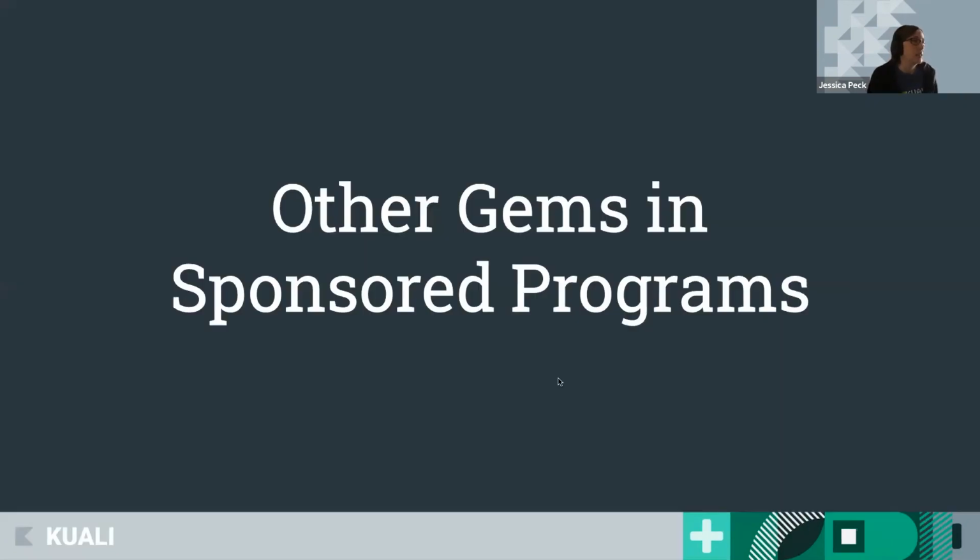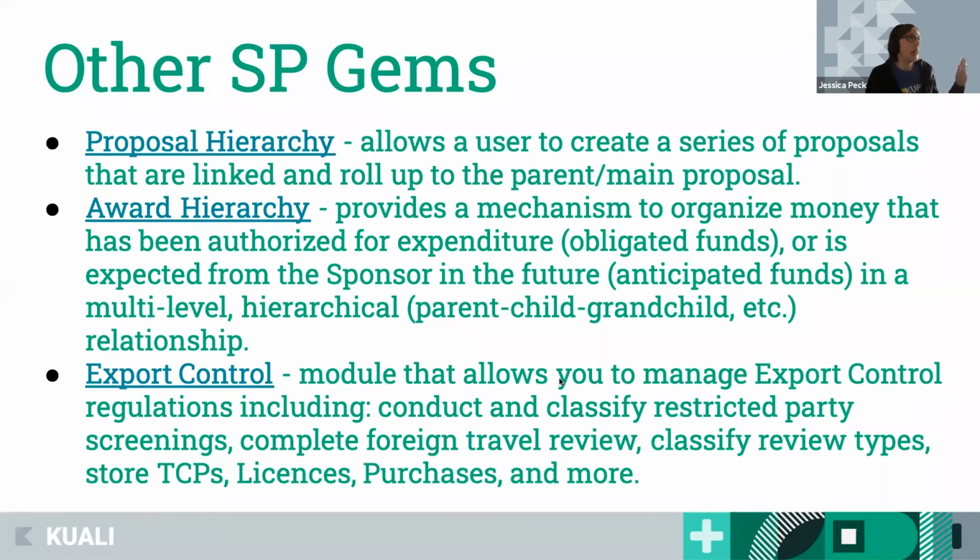All right. Other high level gems in sponsored programs. All three of these could be their own session, so I don't want to go too far down the rabbit hole. These links will take you to information on each. Proposal hierarchy is a mechanism in the system that allows you to create a series of proposals that link or roll up to a parent proposal.